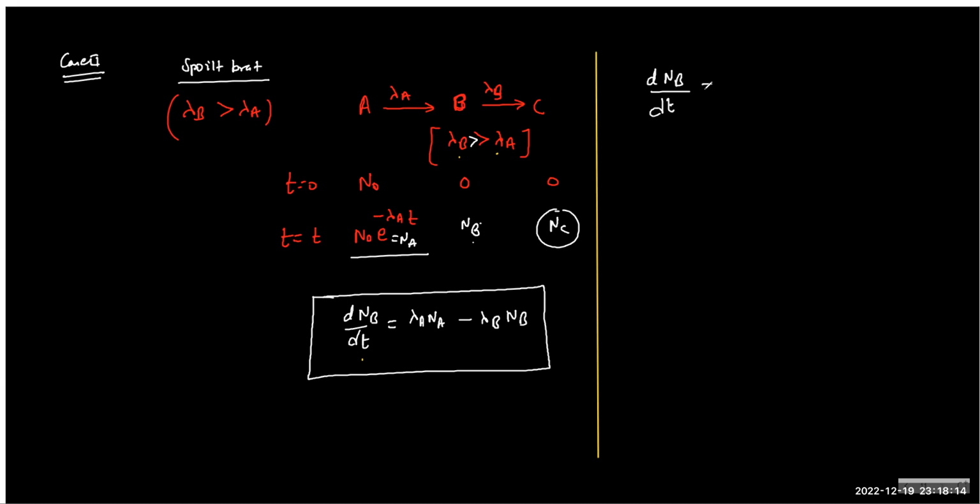So dNb by dt is how much? Lambda a into N naught into e power minus lambda a t, minus lambda b Nb. So you can rearrange. And this is a very famous differential equation from mathematics.